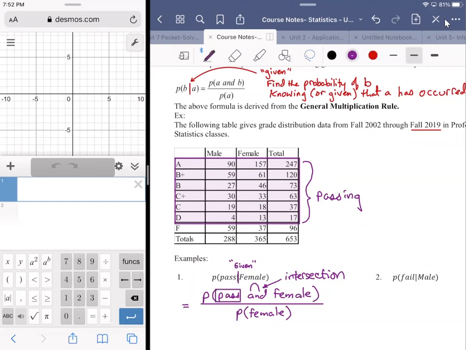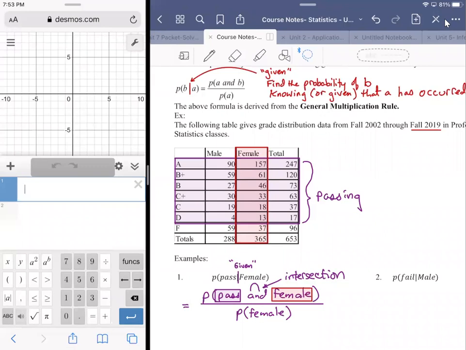Now I want the intersection of that with the set of individuals that are female. All right, so that's this column here. All right, so that's this set of individuals.